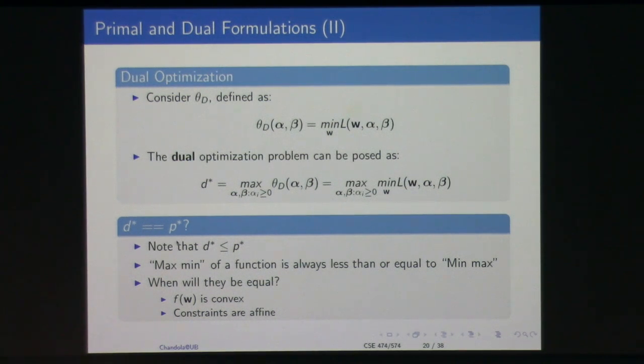They say, I cannot show that these both are the same, which means that my f of W is not necessarily convex, or maybe my constraints are non-linear. But as long as I can show that this gap, D star minus P star, is small, then you can say whatever answer I get by solving the dual optimization problem can be used as a proxy for the primal formulation. Any questions?